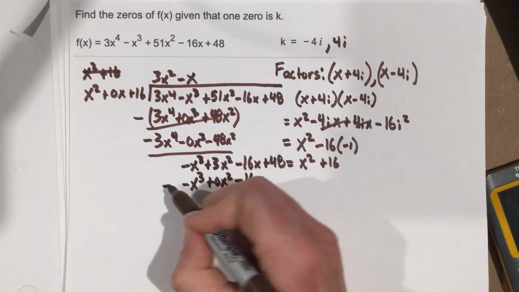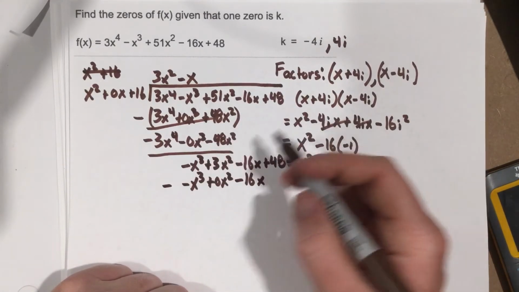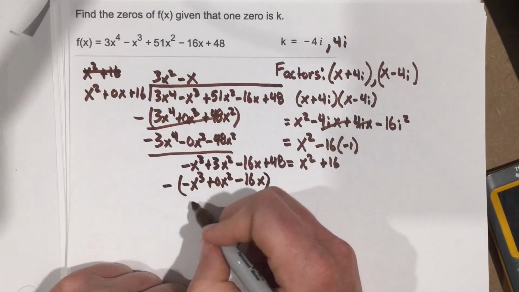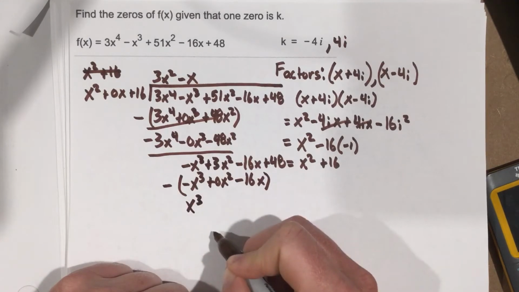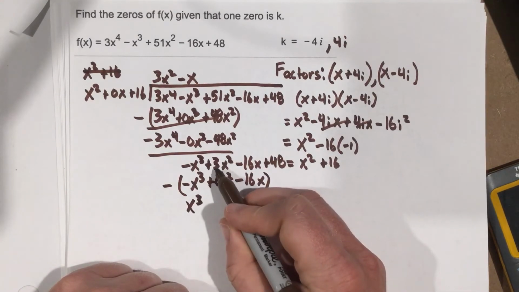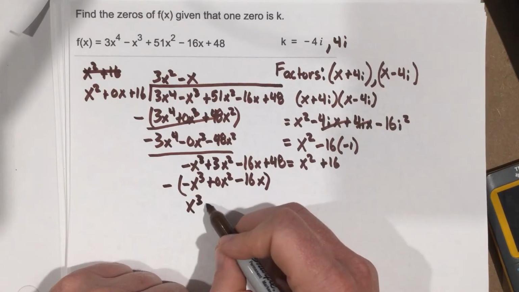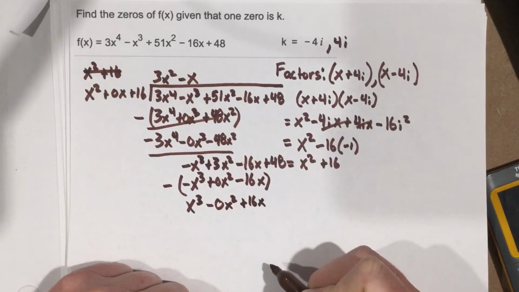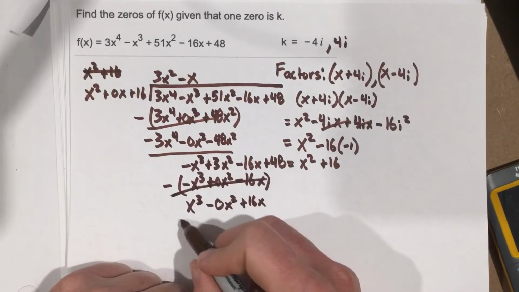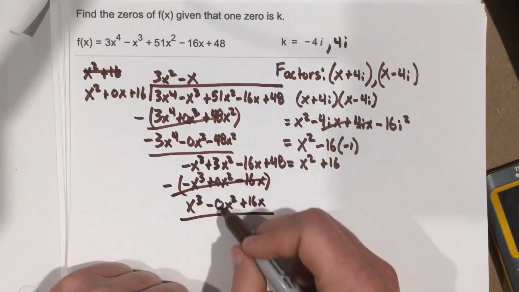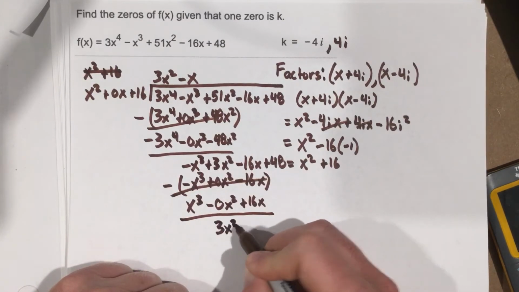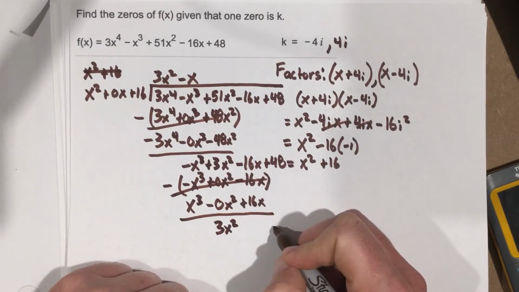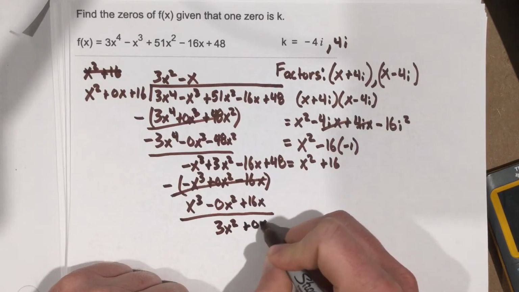So we're going to subtract those, and when we distribute the negative to each spot, we end up with x cubed minus 0x squared, and then plus 16x. So then we can cross that out, add those together. This gives you 0, this gives you 3x squared, this gives you 0. So I end up with 3x squared, and then I'm just going to bring the 48 down. Plus 0x here, plus 48.